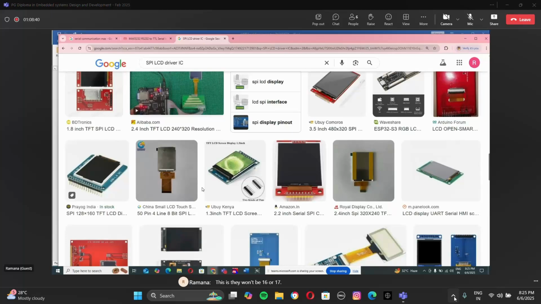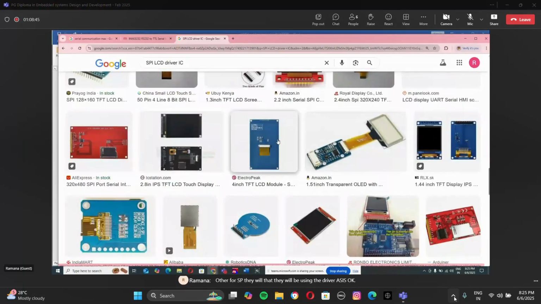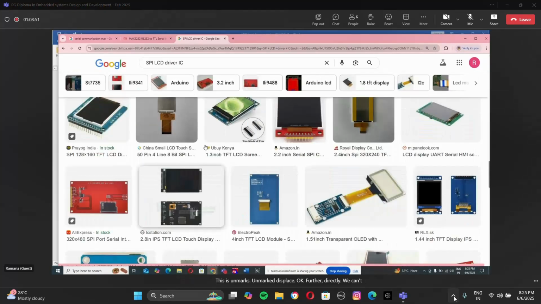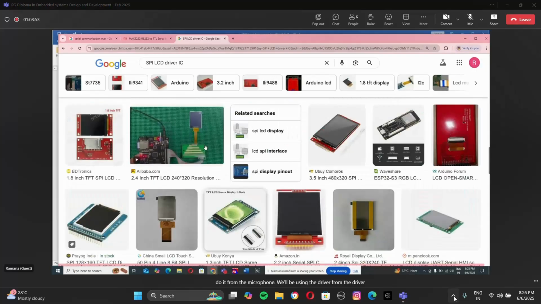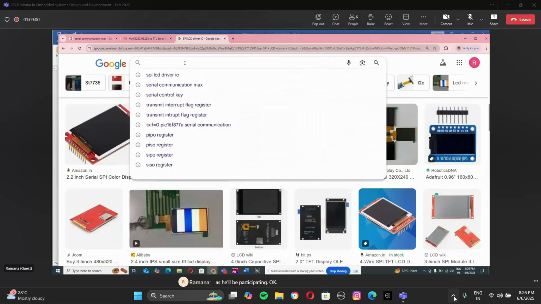These are seven-segment displays. Further, we can't drive them directly from the microcontroller. We will be using a driver IC to drive the displays. Even for controlling a motor, we have a separate driver IC.